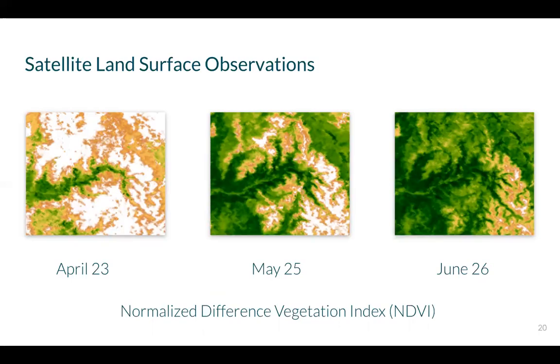And so in these three images over the course of a spring, we can see how the satellites can see the snow cover in this high mountain basin, and then the snow quickly melting over the course of the spring and the vegetation growing up in its place. And so data like this that comes from satellites can help us characterize, as we move across all of these basins, what type of basin we're in, to help the model know how it should react when the weather inputs are fed into the model.